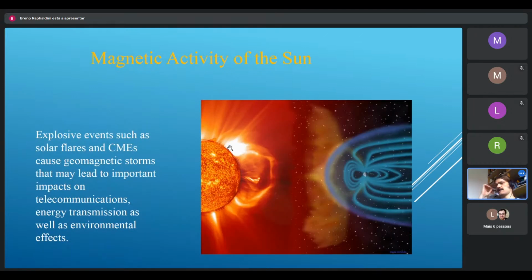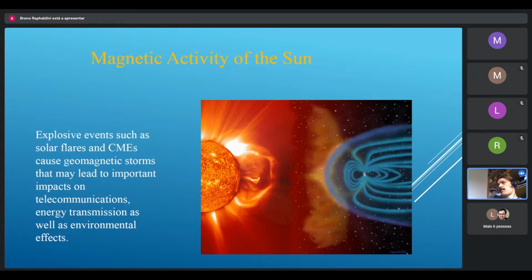Sunspots in active regions, which is the area where the sunspots arise, might also cause explosive events such as solar flares and coronal mass ejection events.